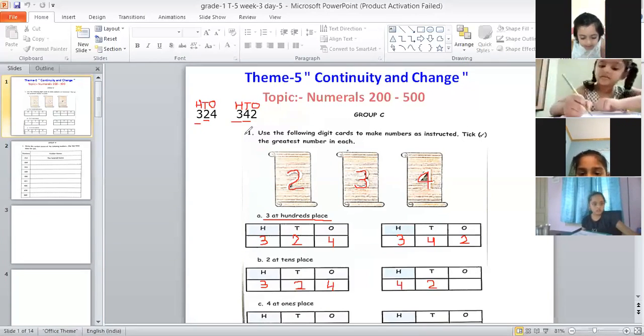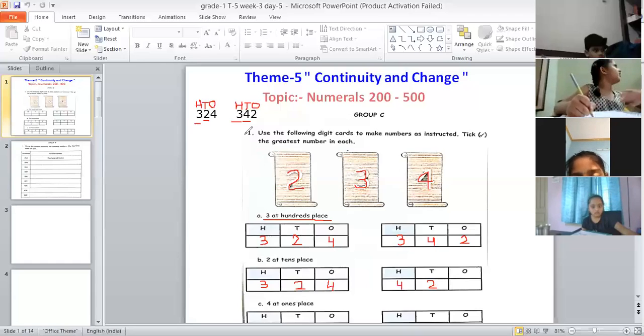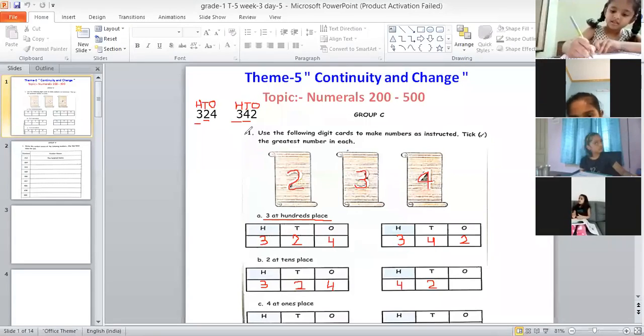First of all, we compare the number at hundreds place. At hundreds place, both the numbers are 3. So we cannot say which number is bigger or smaller. So we will move on to tens place. Now at tens place, we have 2 and 4. And we know that 4 is always greater than 2.